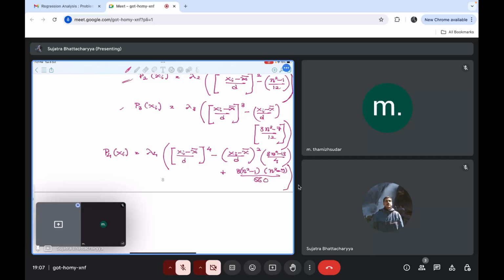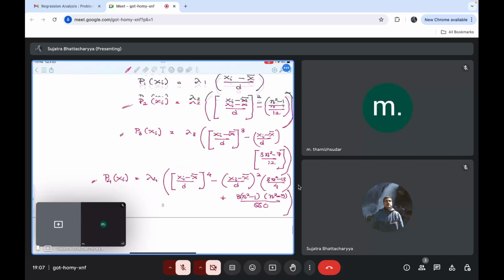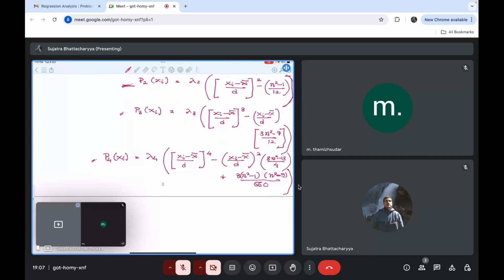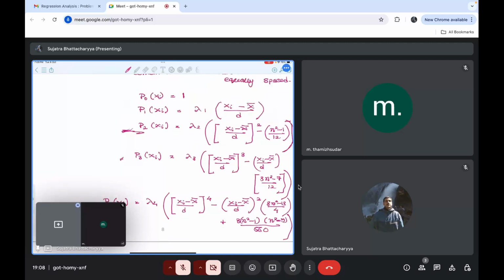This is a big polynomial, but you don't need to go for this. Mostly up to P2 is fine. We will see a question where you calculate up to P2.